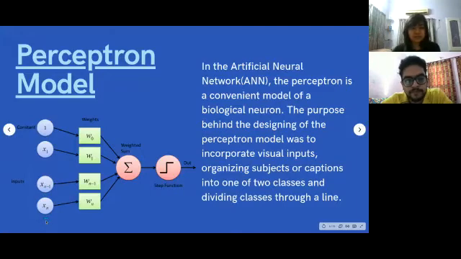To the left, we can see circles labeled x1 to xn. We call those our n inputs. To the right of them, we have the weights, one weight for each input. We multiply each input with its corresponding weight and compute their sum, which is called the weighted sum. The last step is to squash it into a value between 0 and 1.